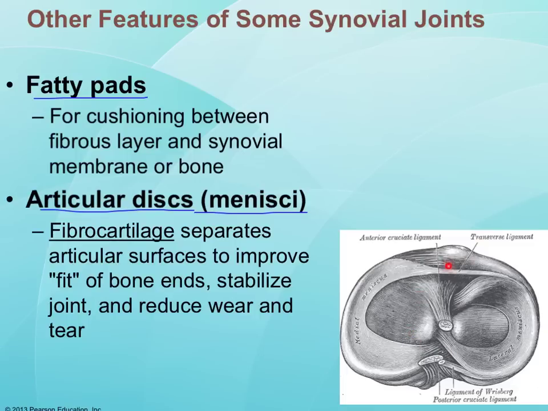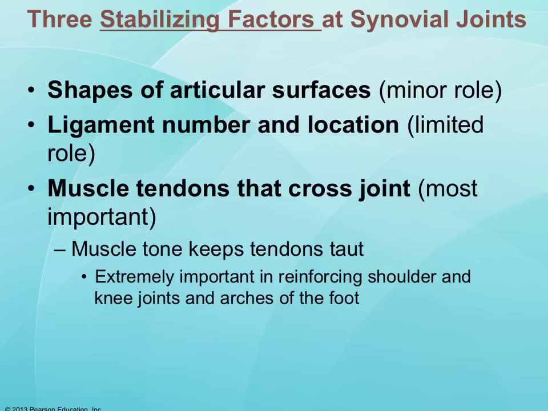This crescent moon shape here is a pair of menisci, and that is fibrocartilage that fits your femur on top of the tibia and supports the femur, and also makes sure your knee can only move forward and backward, but not to the lateral and medial side.